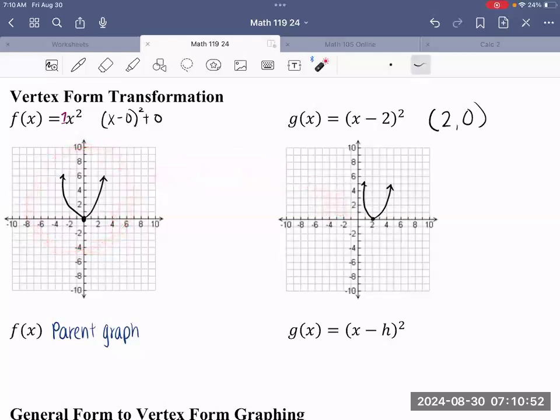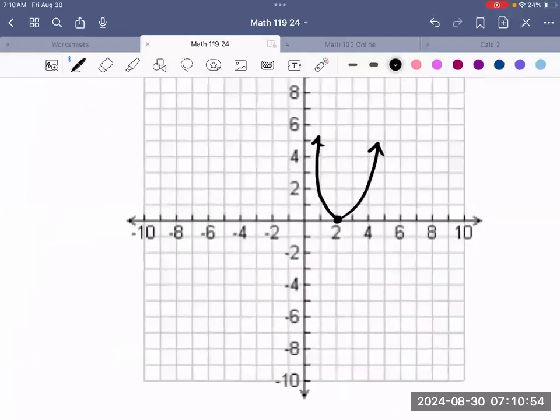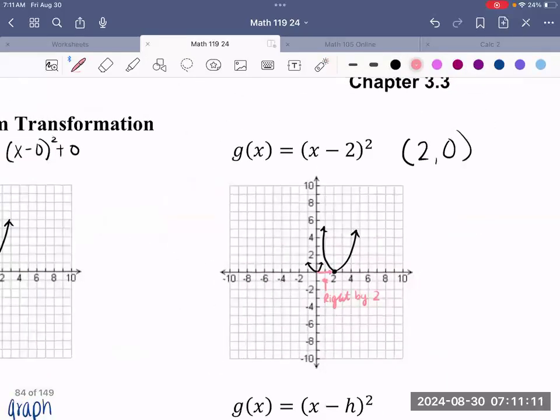Well, looking at your vertex, if your graph used to be here, if you used to be there, to go to your next graph, you went to the right by 2. So going to the right by 2 is showing you that this negative 2 here, right?